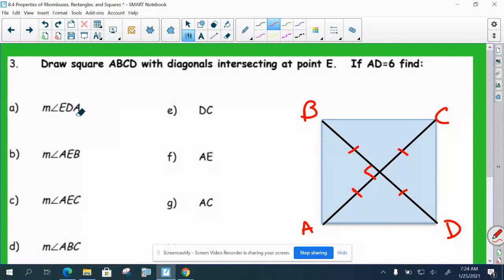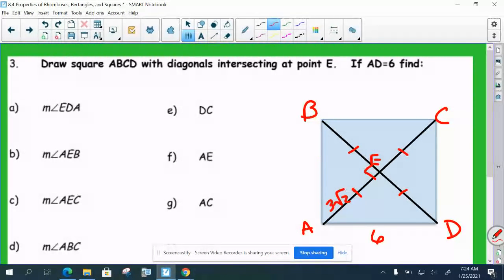So the measure of angle EDA, and this is point E. Oh, and they said that AD is 6. So this would be 6. All right, so think about it. You've got 6, and then you've got a 45, 45, 90 triangle because it's isosceles. So if this is 6, then this is going to be 3 square root 2.